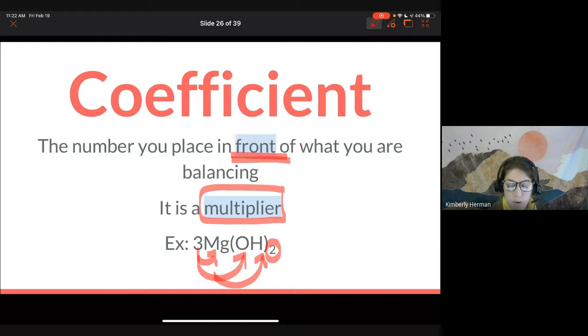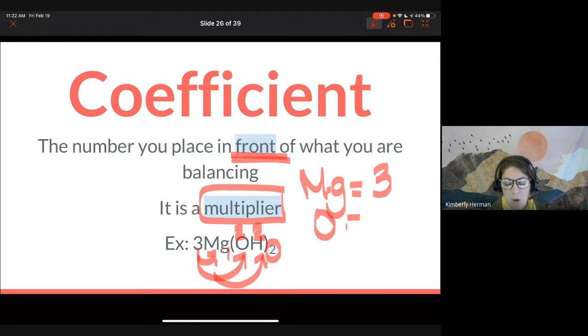Now, when there is no number on the outside, that's like saying we had 1. So how many Mg's would we have? We had 1. 1 times 3 is 3. We had O, which was 1 times 2 on the outside of the parentheses, which is 2 times 3 is 6. And then we had H, which was 1, then the 2 multiplied in, so that's 2 times 3 is 6. So that's how we would use it as a multiplier.